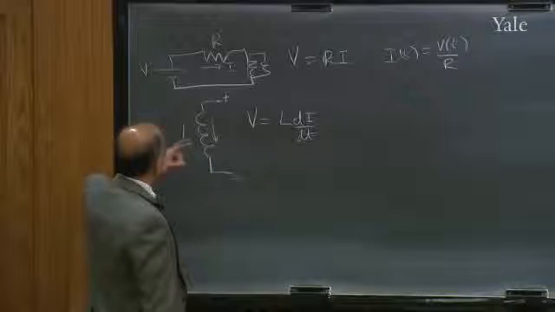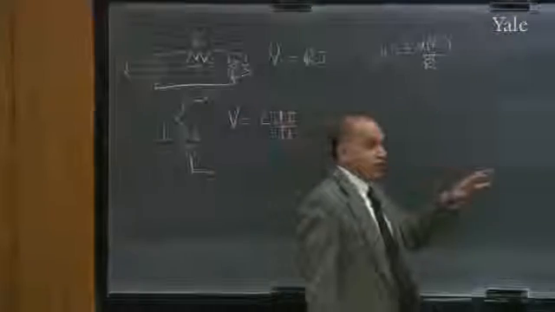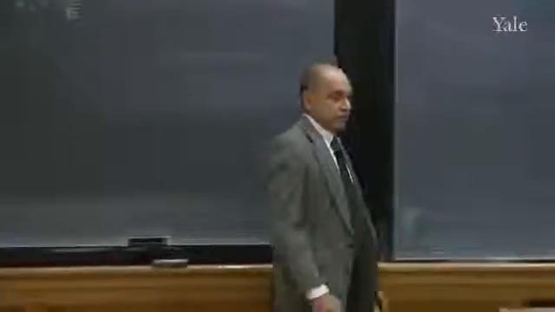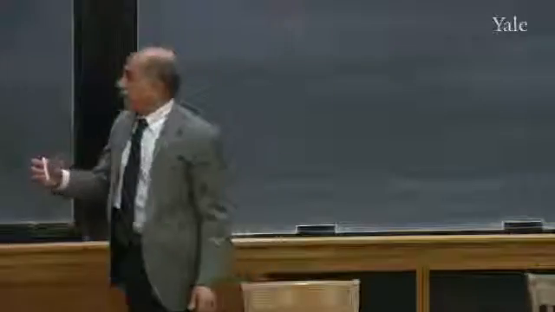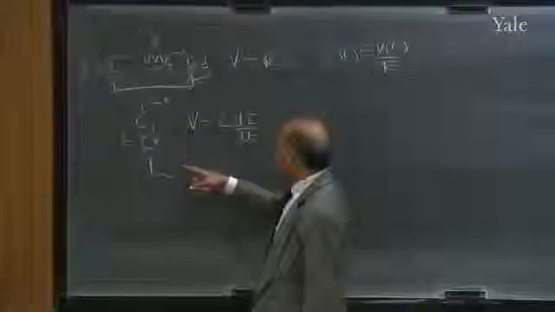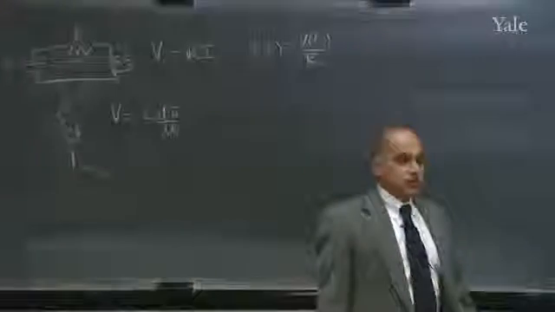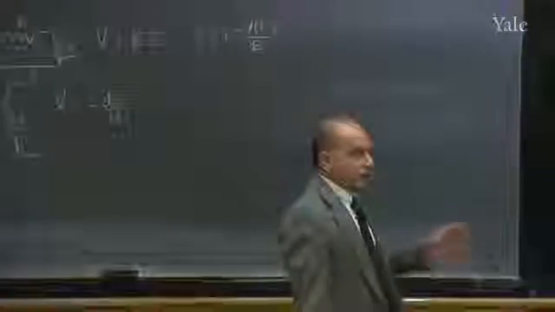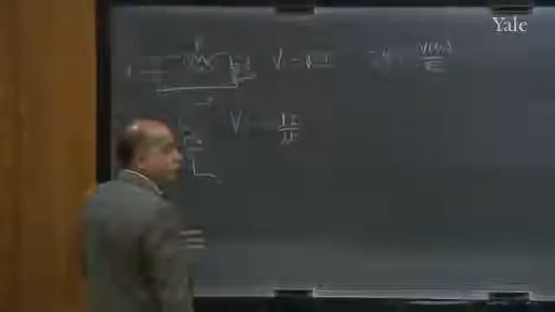Second thing is, when a current flows through a resistor, whatever energy you provide is gone in the form of heat. It is dissipated, the light bulb glows, and that's the end. With an inductor, when you drive a current, you are building a magnetic field inside the inductor. And there's an energy associated with the magnetic field.